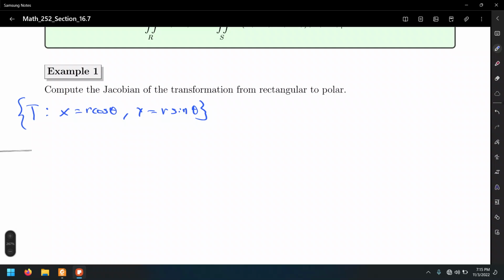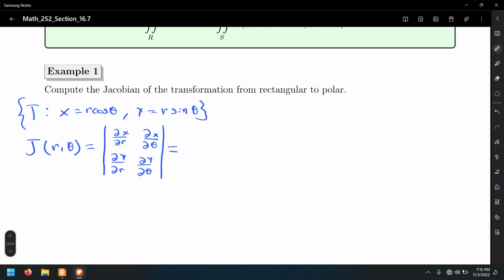The Jacobian, that is the correction factor to go from xy to r theta, will be the determinant of 4 partial derivatives: the partial derivative of x with respect to r, the partial derivative of y with respect to r, the partial derivative of x with respect to theta, and the partial derivative of y with respect to theta.